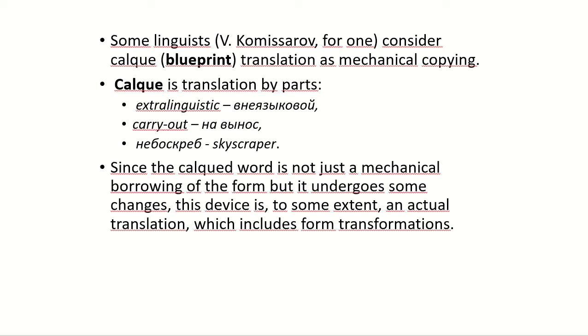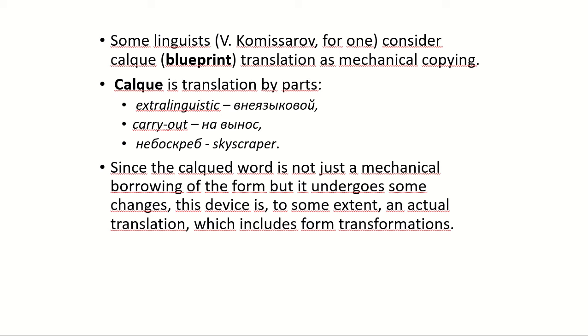Carry out, here is the verb and the preposition. Carry out is translated like на вынос, and the Russian word небоскреб is translated like skyscraper. Here you see the examples of some phrases or words which are translated by parts.